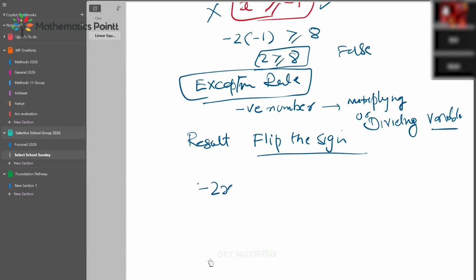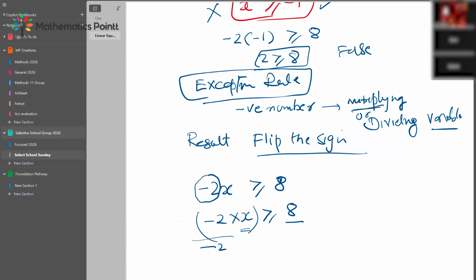What it essentially means is, let's try to do it. So you had -2x is greater than 8. This -2 is actually multiplying x. And whenever you have something multiplying the variable, when you are getting rid of it, you are trying to divide on both the sides.